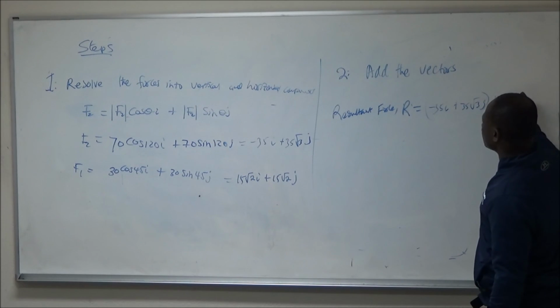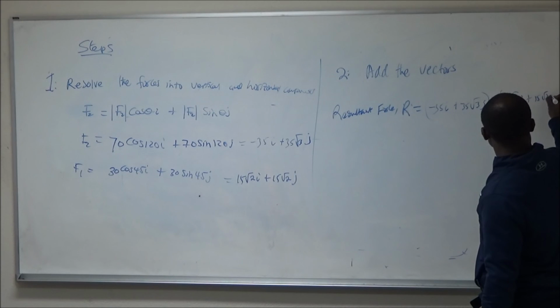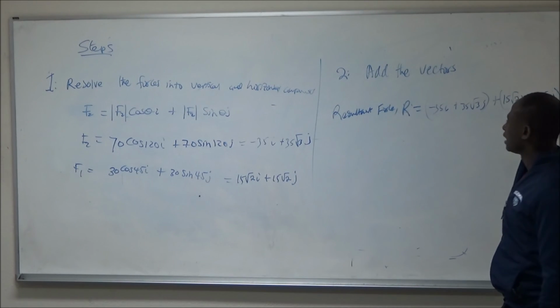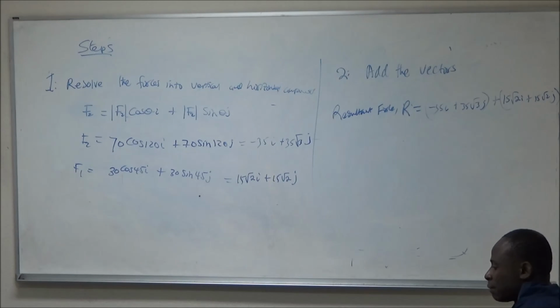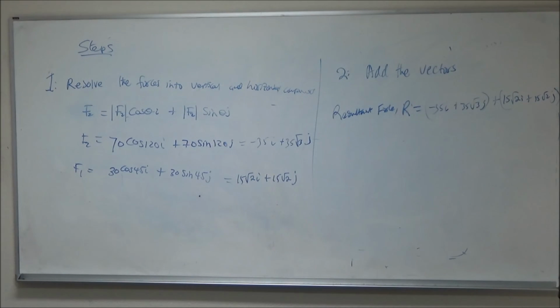Don't be surprised if you see something exactly the same in physics, because that's how you do it in physics as well. It's the same type of problem. I'm not going to add them out. If you're going to use a calculator, you need to break root 3 down to its decimal form. So you're going to get just two numbers, right? One in terms of i and one in terms of j. That's your resultant force.